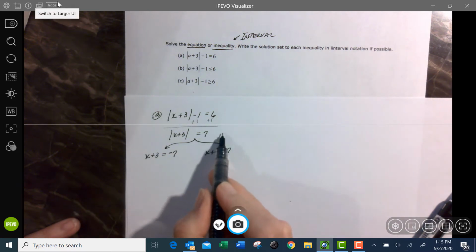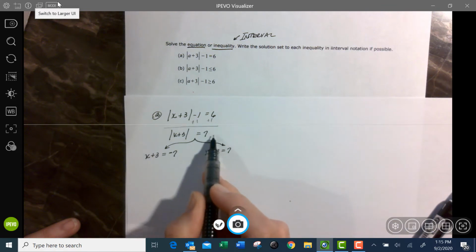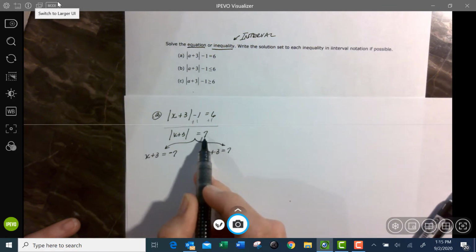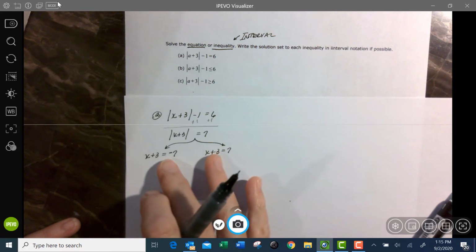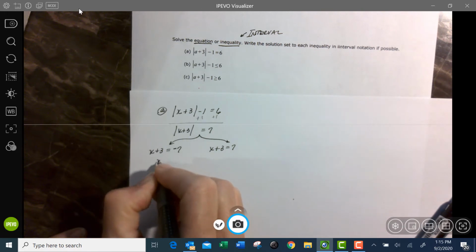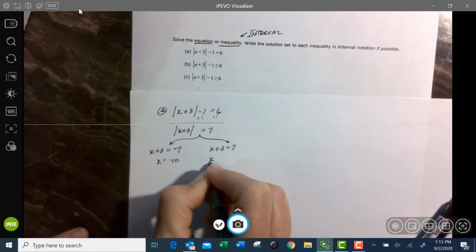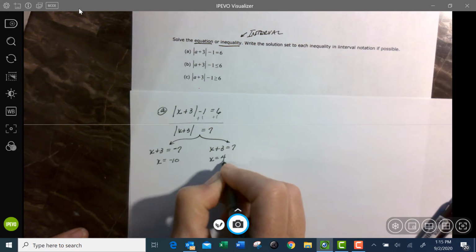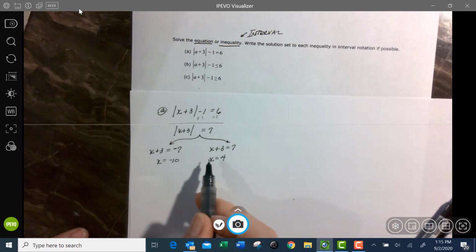So if there were more than 1 term on this side, I'd have to change the sign on every term on the right side of the equation. Now I have incorporated the absolute value symbol. It is no longer in the equation. So solving at this point is not very difficult. I just subtract the 3 and I come up with my 2 solutions.